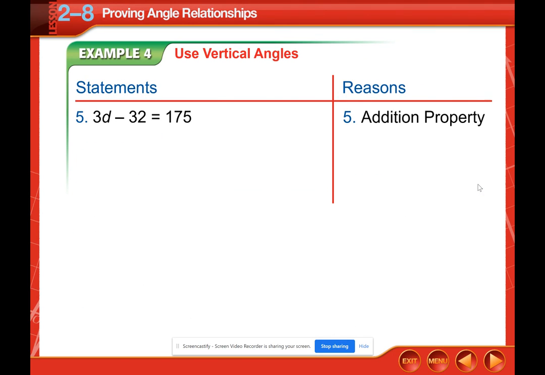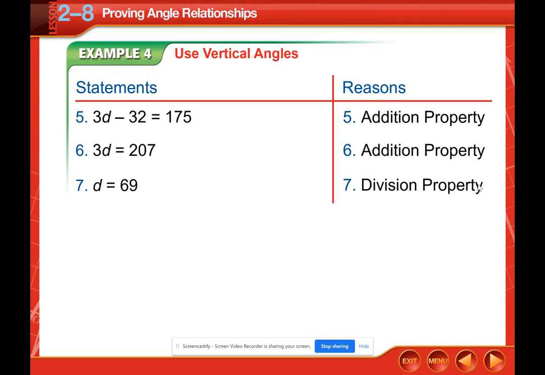We use the addition property to get to 3d minus 32 is equal to 175. Addition property again: 3d is equal to 207. Division property, now dividing by 3 to get d equal to 69.